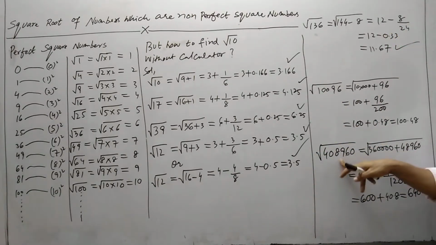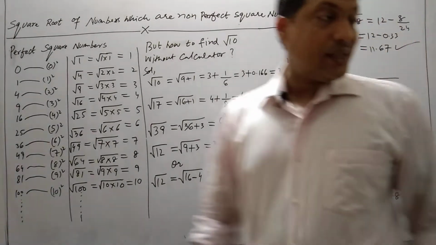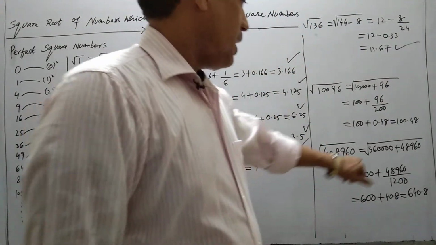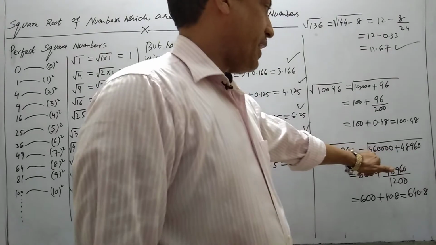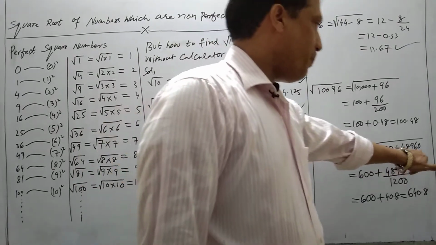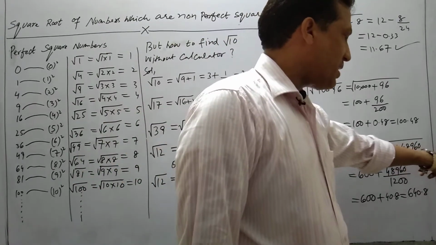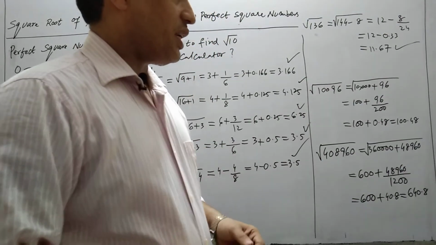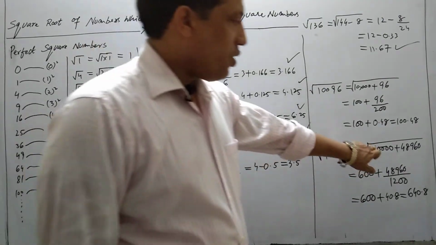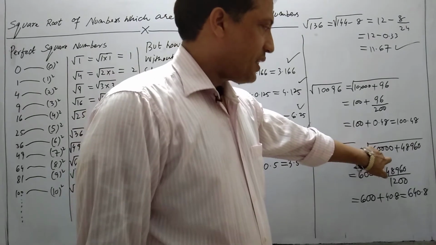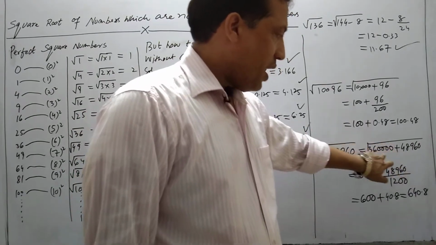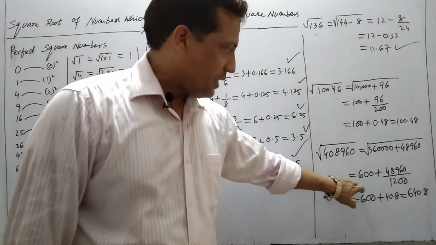So 408,960 can be written as 360,000 plus 48,960. You know the square root of 360,000.